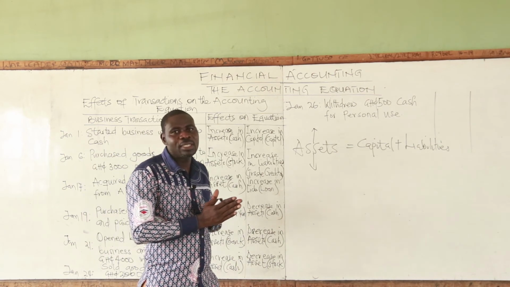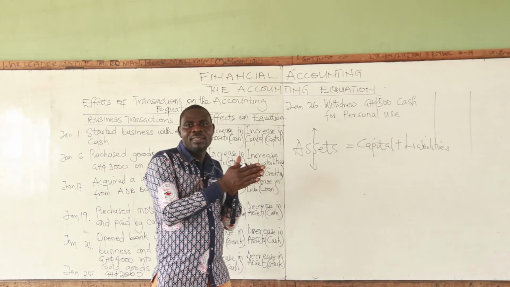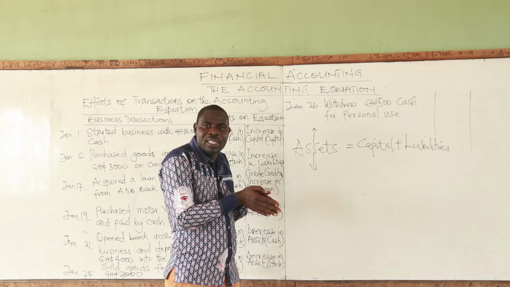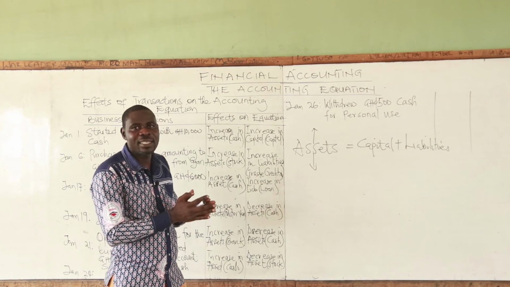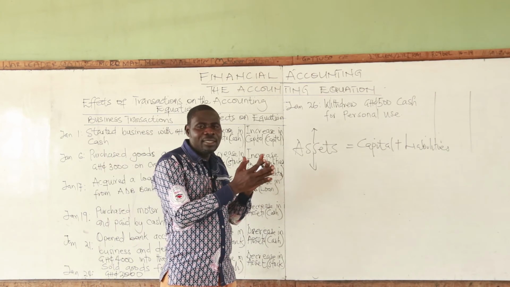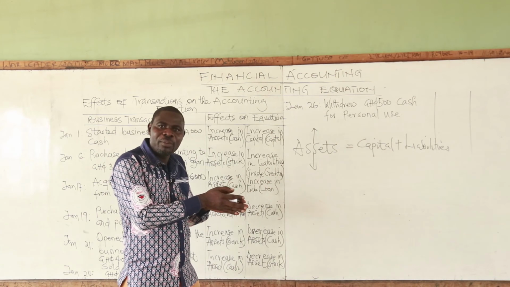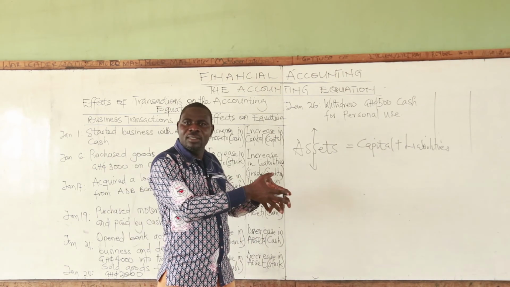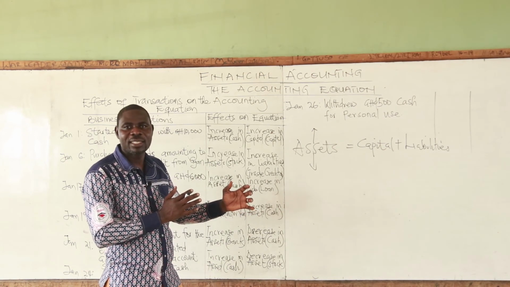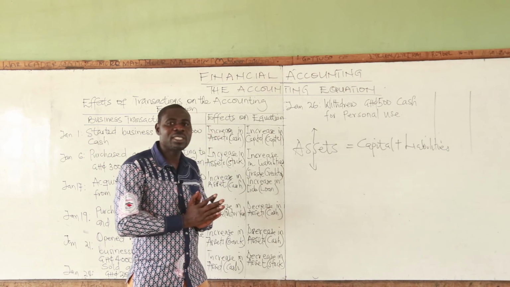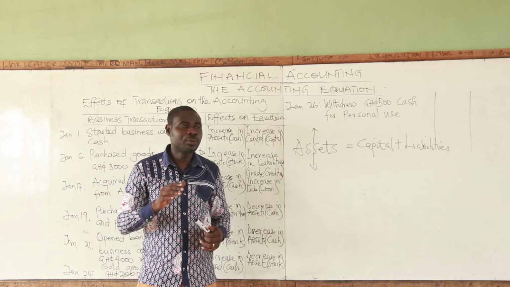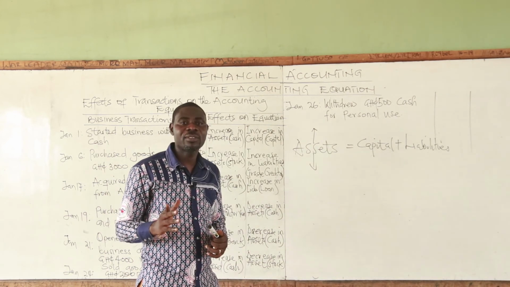If the owner contributes 10,000 into the business, his capital in the business is 10,000. The business will record that we owe the owner of the business 10,000 Ghana cedis. And if the owner takes away any money from that 10,000, we have to subtract it from his capital. Do you get that? Whatever he takes out of the business is referred to as drawings.